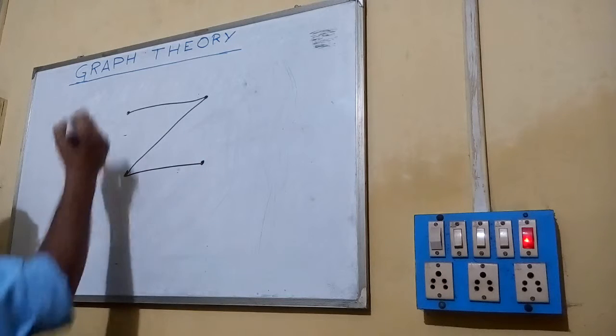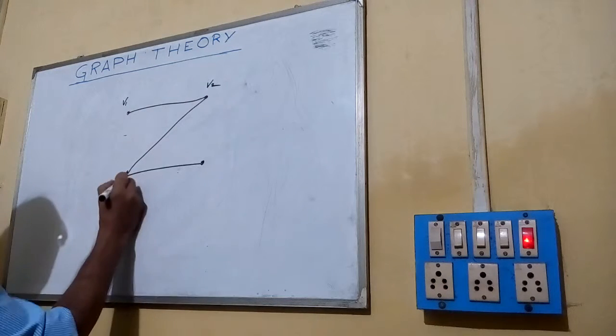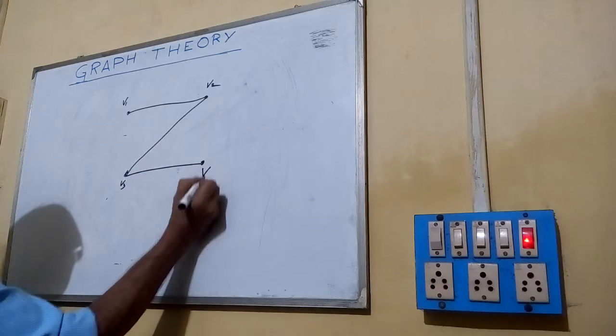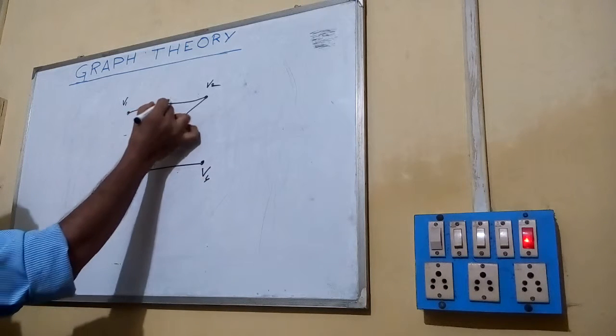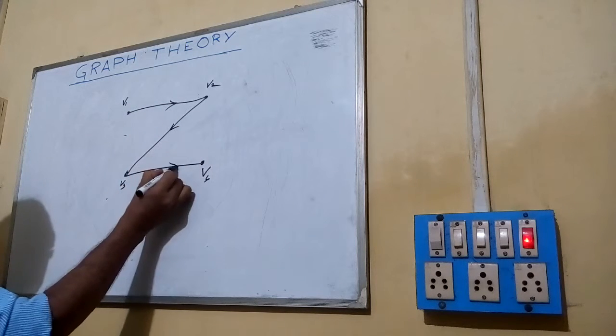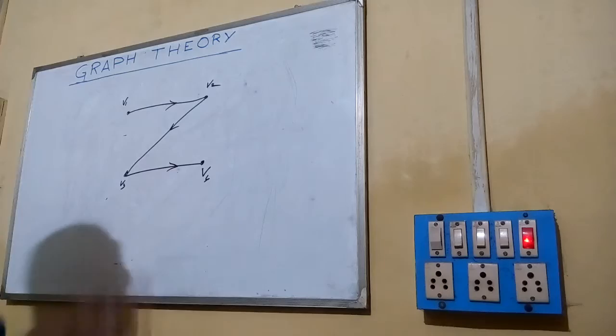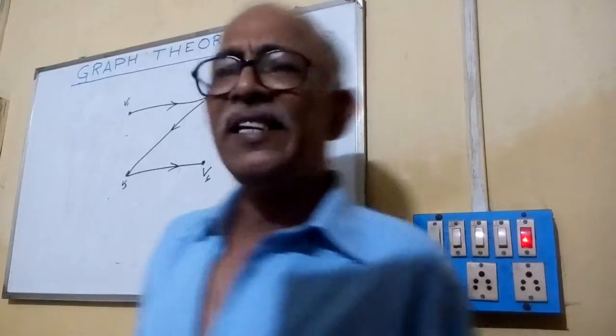This may be a graph. Suppose they are V1, V2, V3, V4. This is called a graph. But now, if we add direction to this, whatever the direction may be, then it is known as a directed graph, or simply we say digraph.